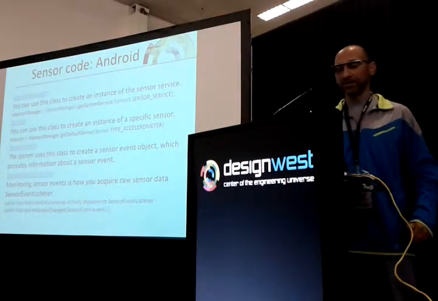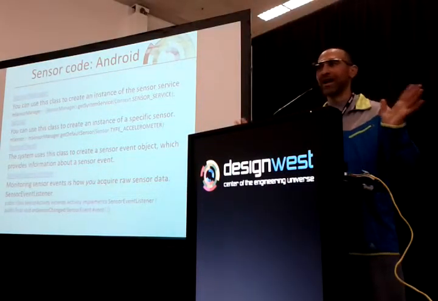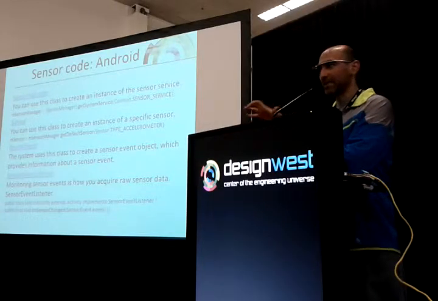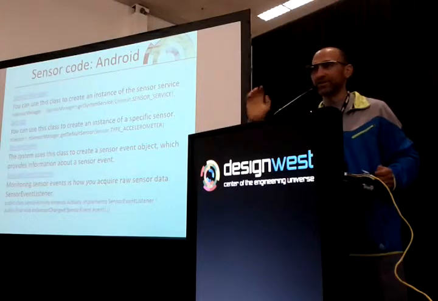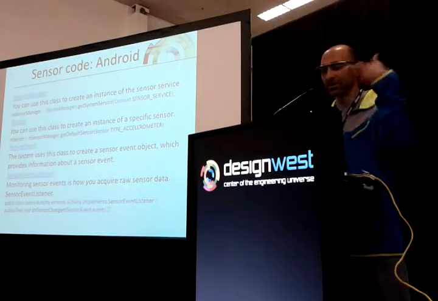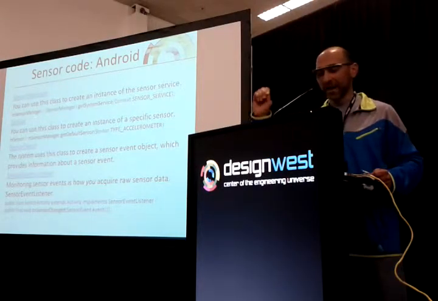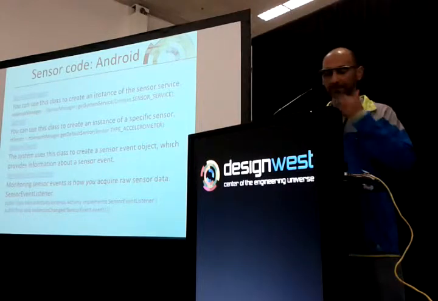Once I get my sensor, so if you know Android or you learn it, what you learn is an activity is a view. So you have this view. When you bring up that view, you're going to do a sensor listener. And that sensor listener is going to talk to the sensor manager. And every time an on-sensor changed, you're going to get notified.